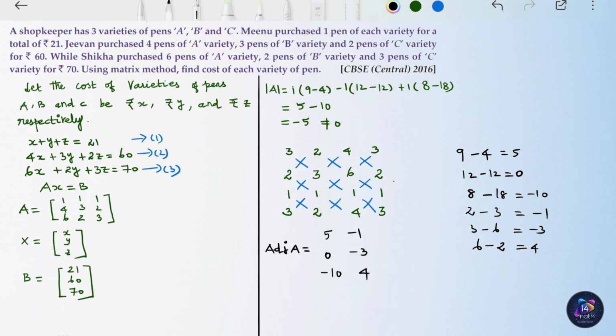Next, 1 into 2, 2, minus 1 into 3, minus 3, that is minus 1. 1 into 4, 4, 2 into 1, minus 2. 4 minus 2 is 2. 1 into 3, 3, minus 4 into 1, 4. 3 minus 4 is minus 1.